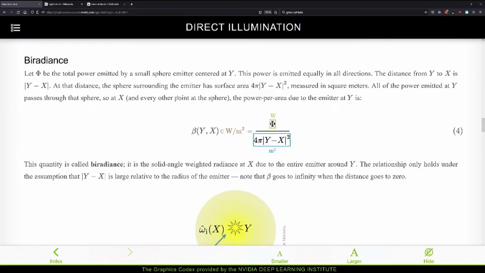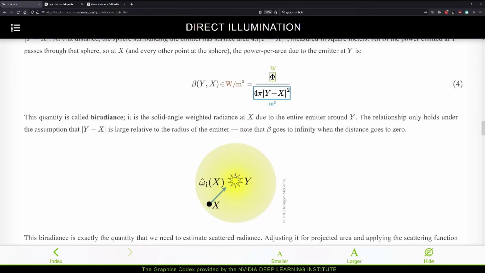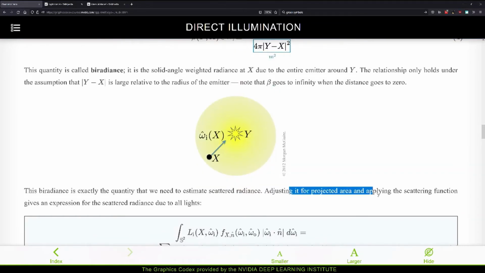So we were talking about this idea last week that the total power of a point light is spread out over the shell around the center of the light, so that we can deduce how strong the light is at distance x by using the biradiance. And we just projected area.